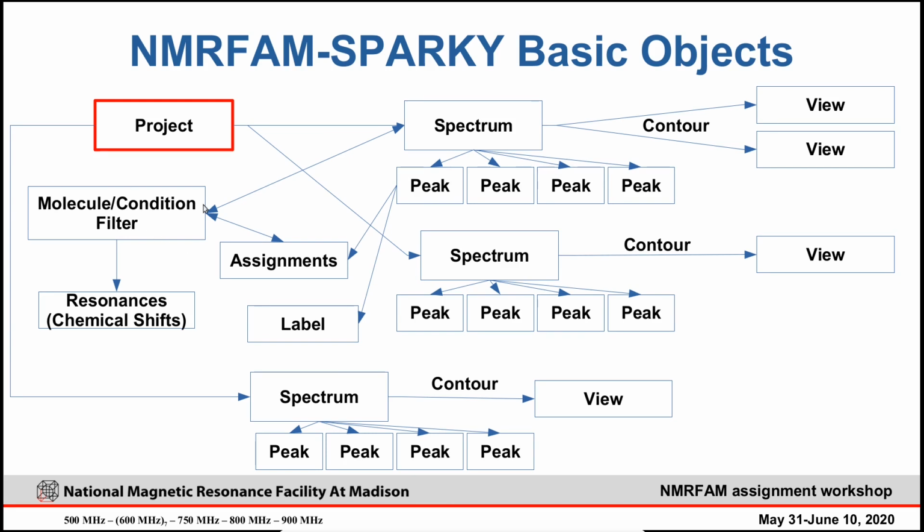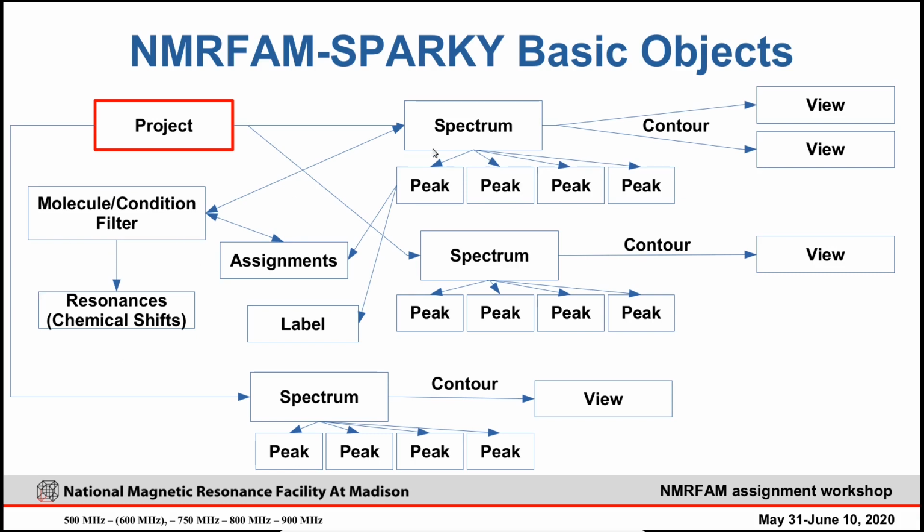And then you can have different molecules and conditions. So let's say this spectrum is from 25 degrees, this spectrum is from 40 degrees, and this spectrum is from a mutation. Then you can set these conditions separately, and then you can choose which molecule condition to see the resonances, and it will filter the rest out.